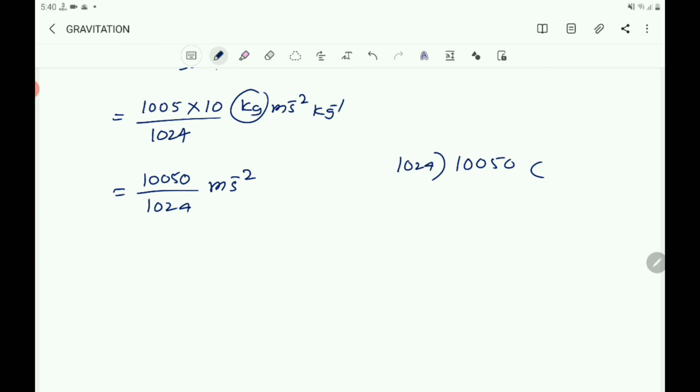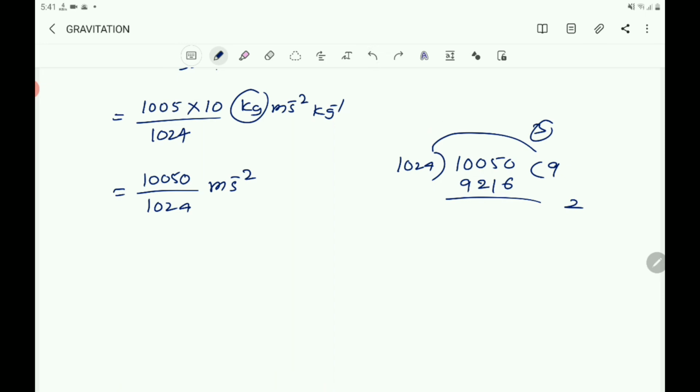Then you divide 10,050 by 1024. 9 4s are 36, 9 2s are 18 plus 3 is 21.